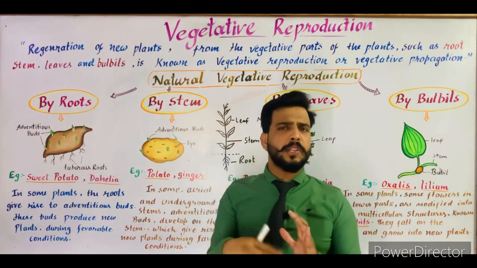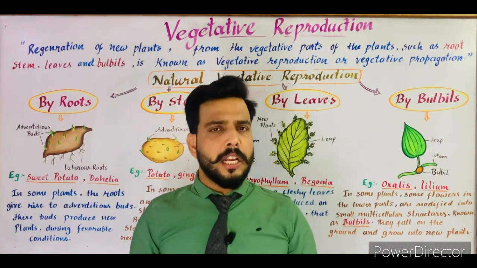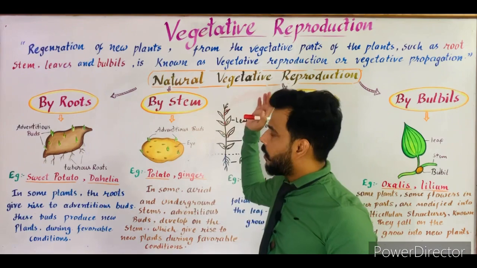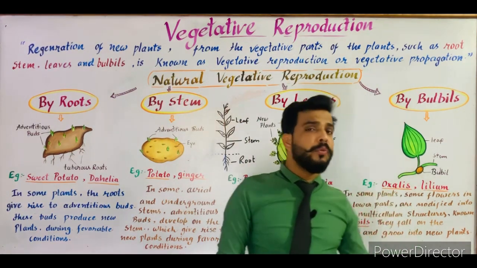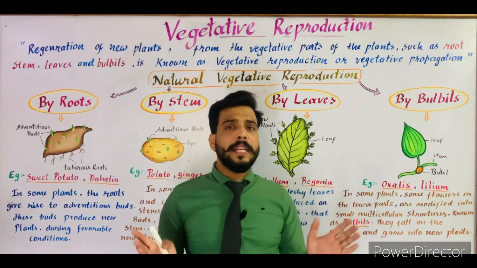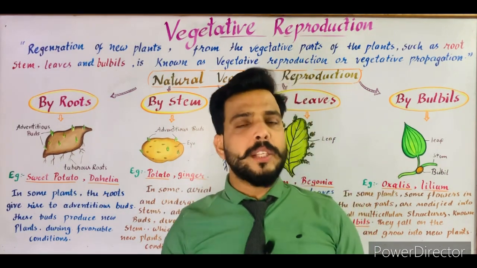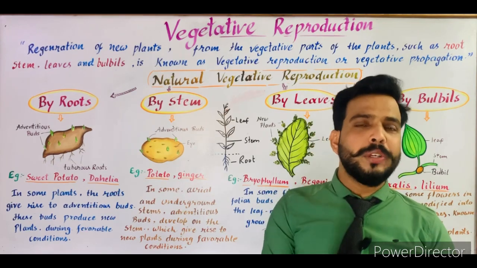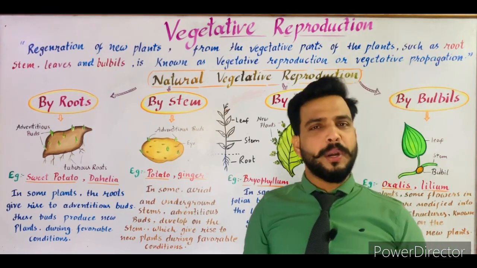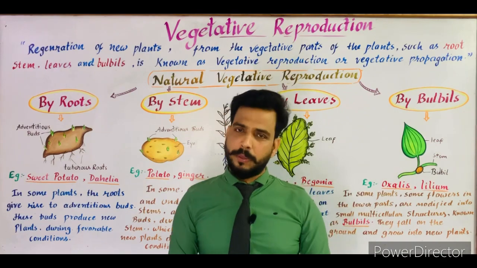A bulbil is a special structure which grows in some plants; I'll describe it later. Simply, when reproduction takes place with the help of any vegetative part of a plant such as root, stem or leaf, it is known as vegetative reproduction.